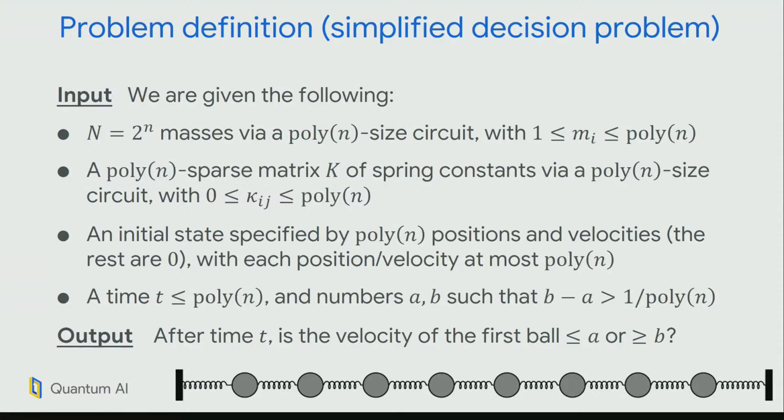As a follow-up on an earlier question, what you're doing here is really generating a random-ish sparse Hermitian matrix, and talking about the second-order differential equation associated with this Hermitian matrix. That dynamics is BQP, right? Right.